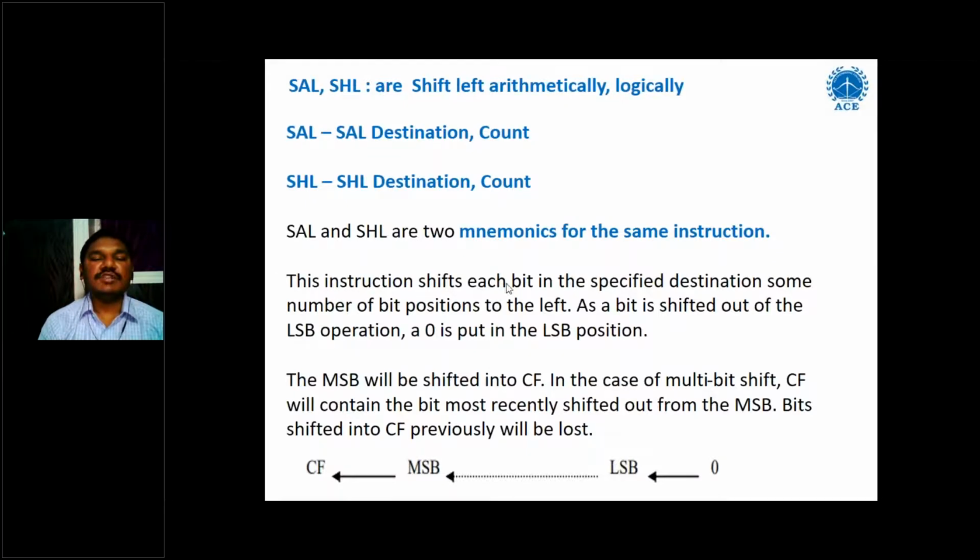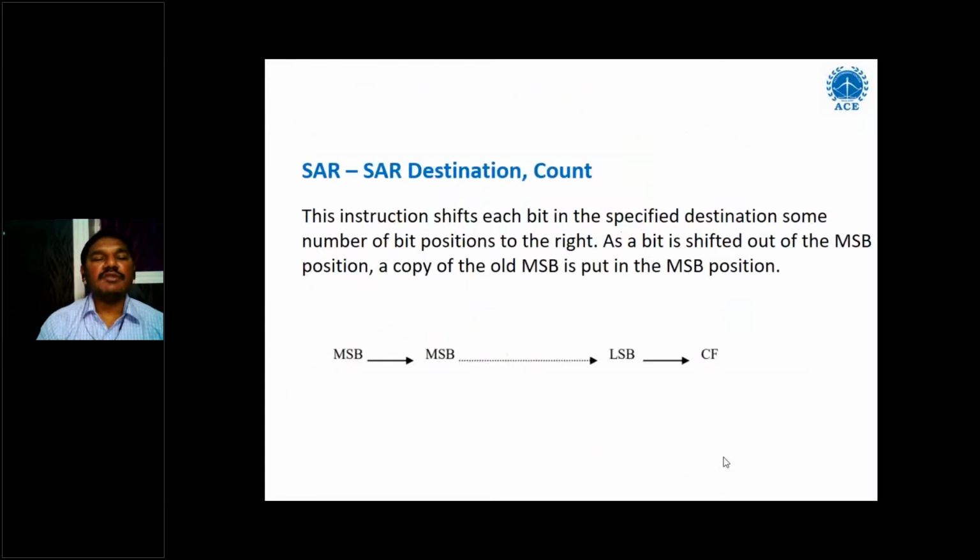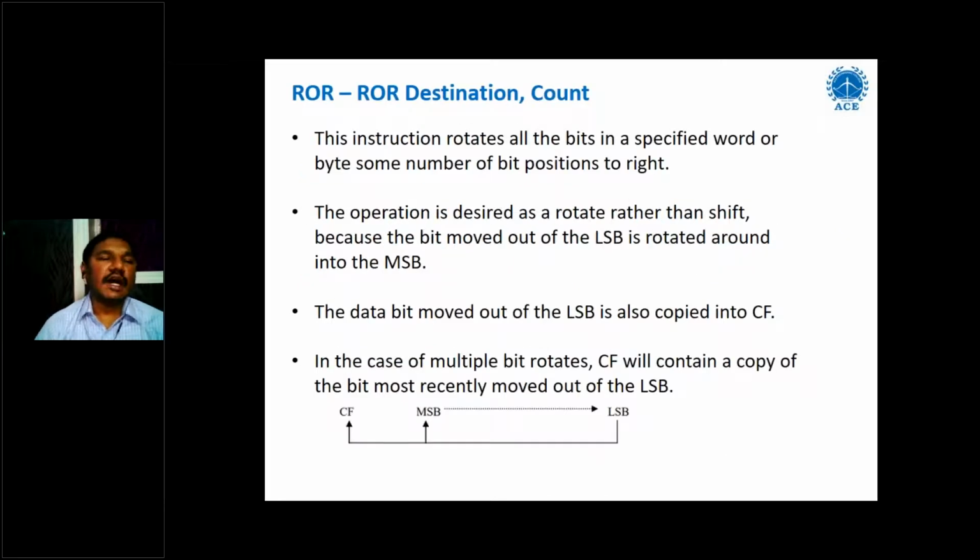This instruction shifts each bit in the specified destination some number of bit positions to the left. As a bit is shifted out of the MSB, a 0 is put in the LSB. So here I have to put the 0. Whereas in the case of SAR, the MSB is shifted right, and the previous MSB is placed here.